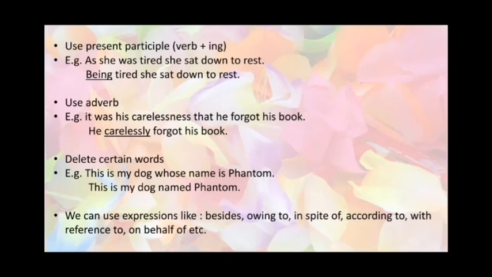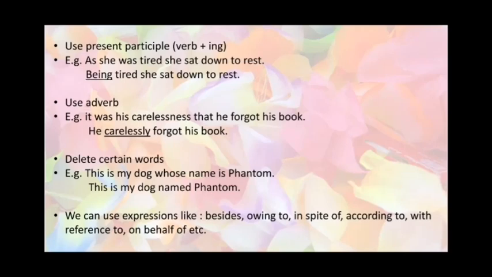Next, you need to delete certain words, okay, because complex sentences or compound sentences are usually very long and lengthy. So in order to make it into a simple sentence, you need to delete certain words which will not change the meaning. For example, this is my dog whose name is Phantom.